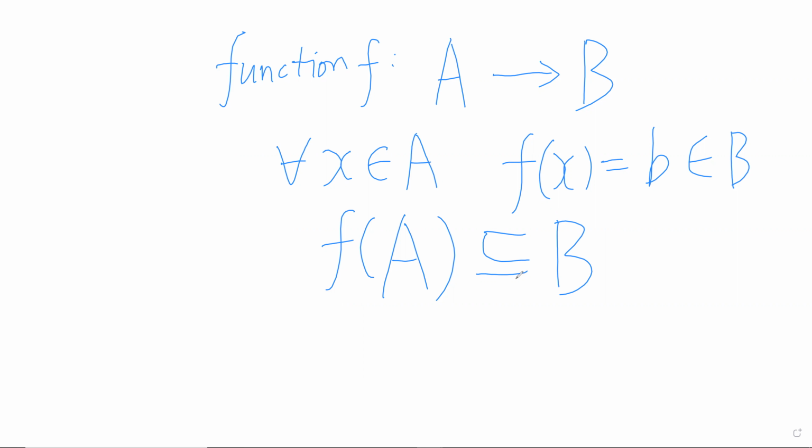Also, in this concept, we allow many-to-one mapping. That means multiple elements in A can be mapped to the same element in B. The converse is not true. That means an element in A cannot be mapped to multiple elements in B. So one-to-many mapping is not allowed.